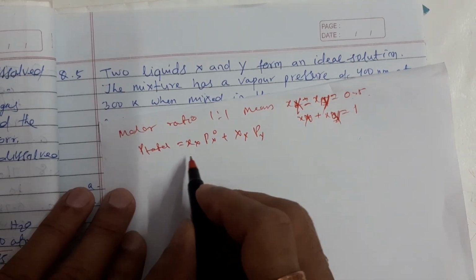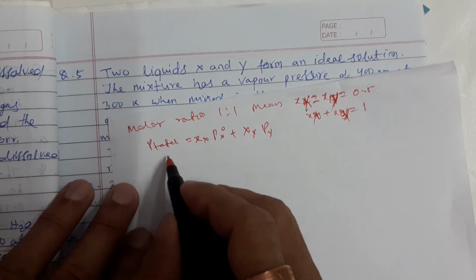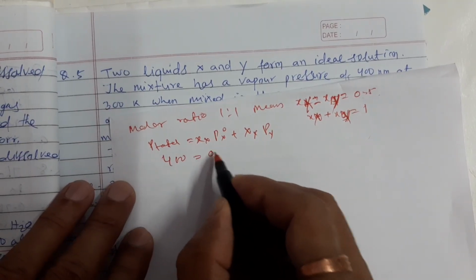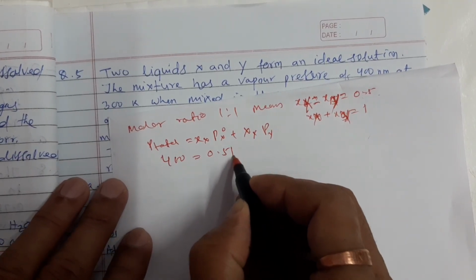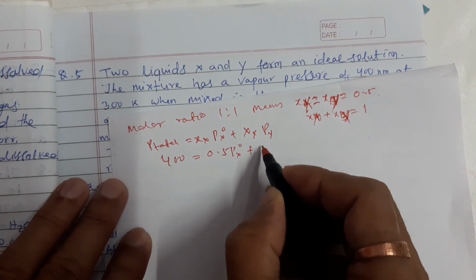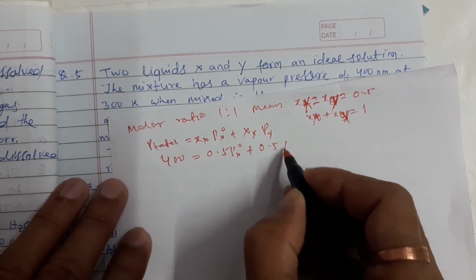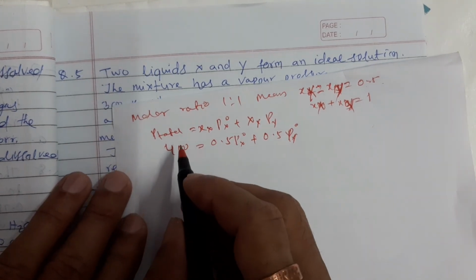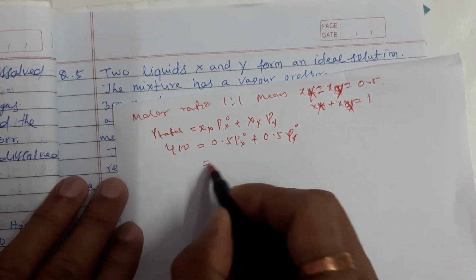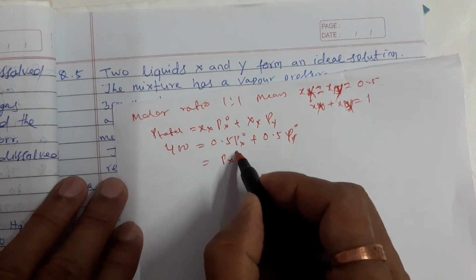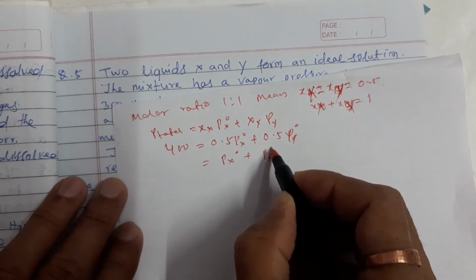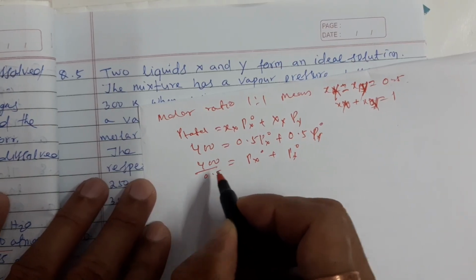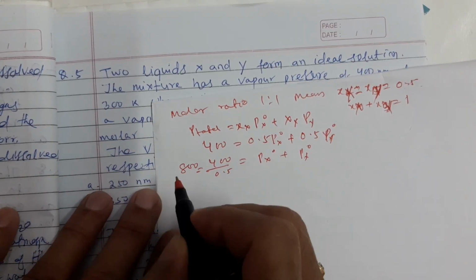P total is given as 400. So XX is 0.5, so 0.5 PX0 plus 0.5 PY0. So how much will you get? PX0 plus PY0 is 400 divided by 0.5, that is, you will get 800.